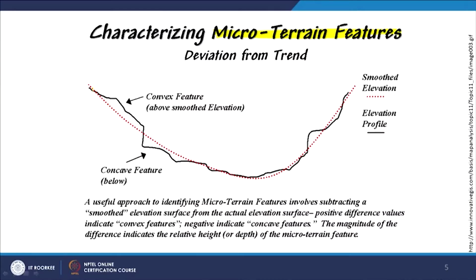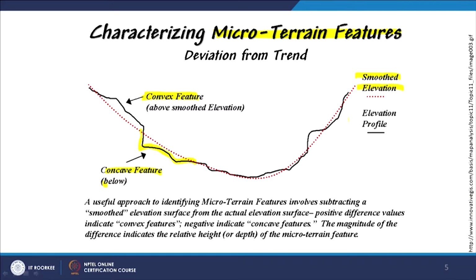Along this section or profile, we are seeing areas which have convex features. How convex or concave is decided is based on the smoothened elevation line. Anything above it in terms of elevation will be considered a convex feature, and anything below that smoothened elevation would be considered a concave feature.